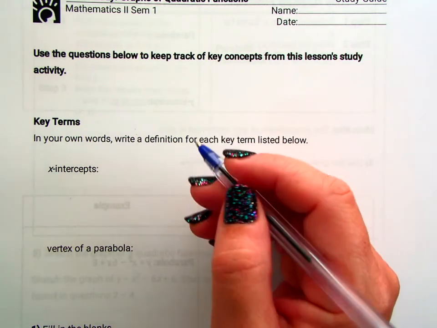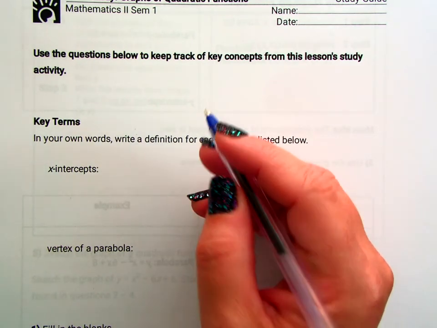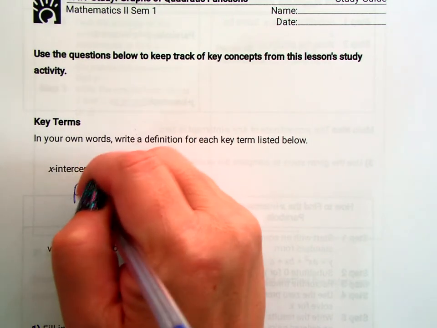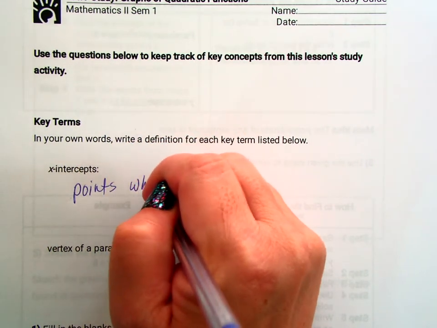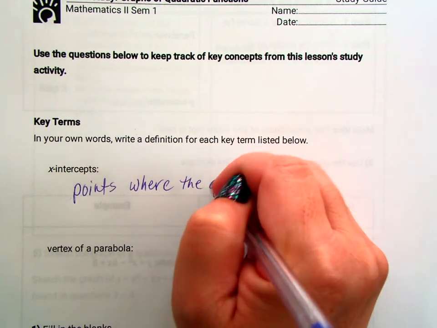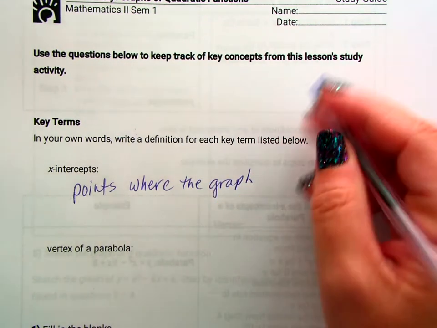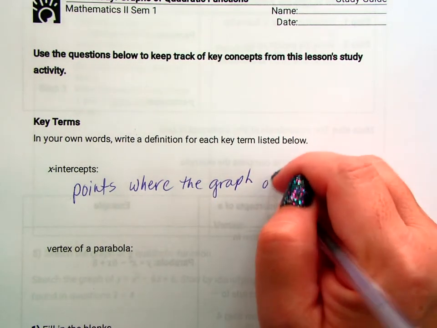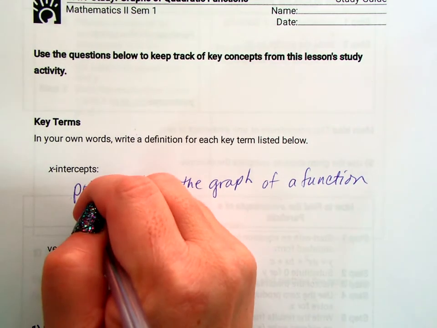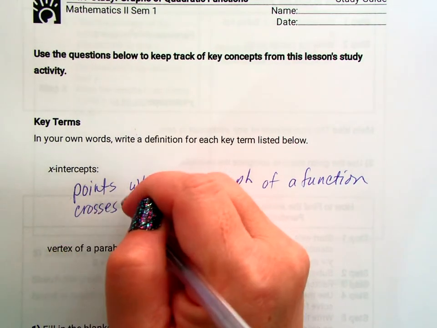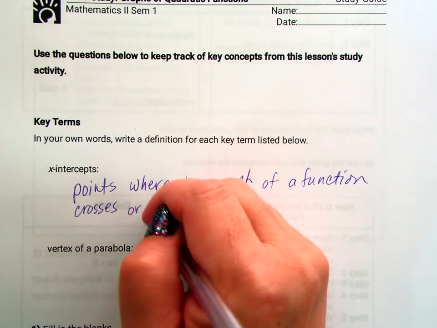These are the points where the graph of a function cross or touch the x-axis, right? So this is the point where the graph of a function crosses or touches the x-axis.